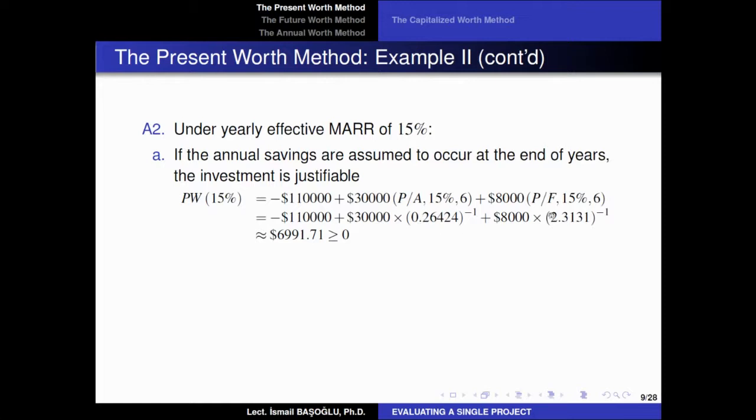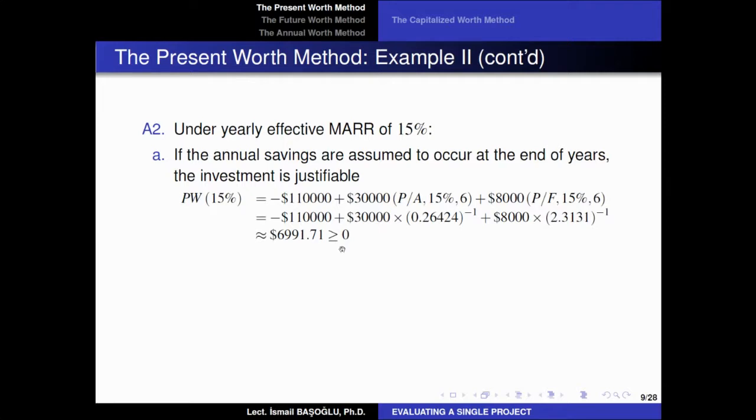We are going to look at these values and take the inverse of them to identify these compounding factors, and the result will be approximately $7,000.